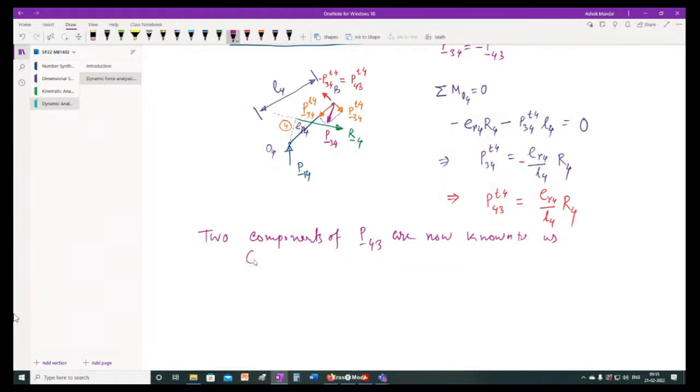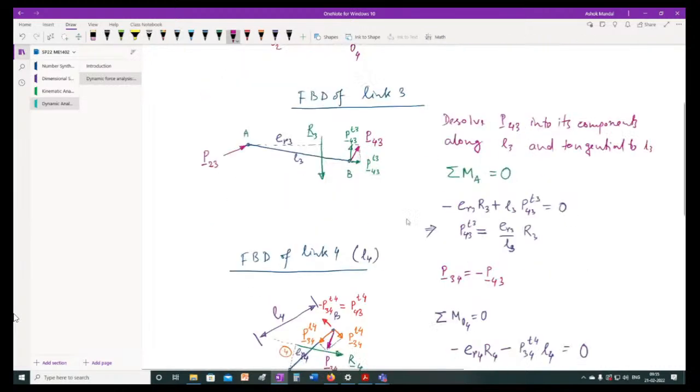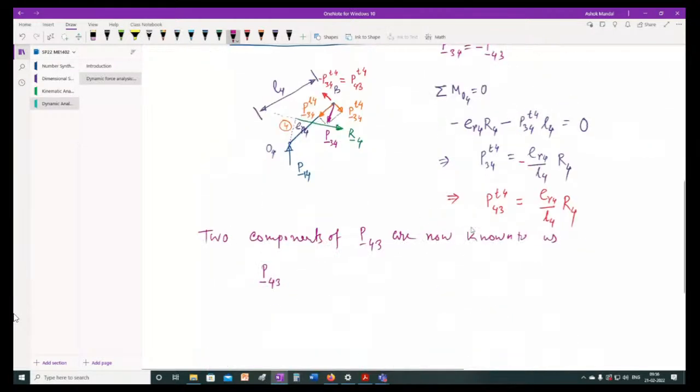One is P43 tangential to link 3. This force is known to us.